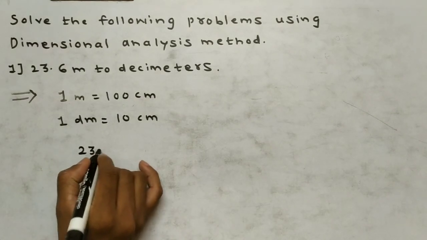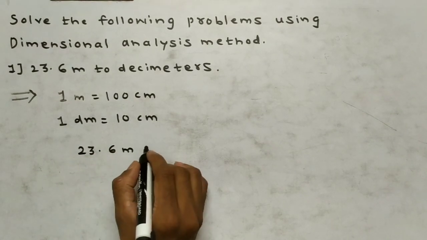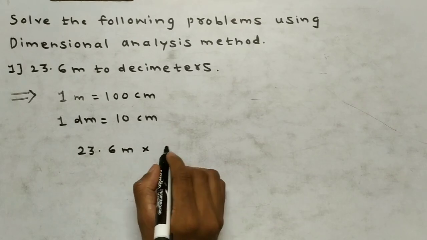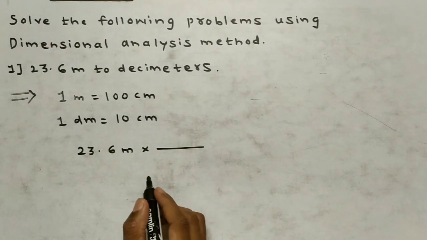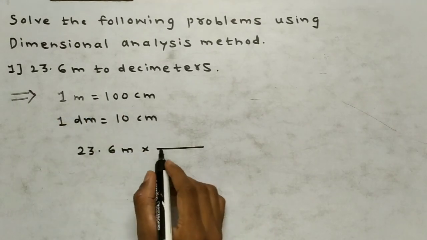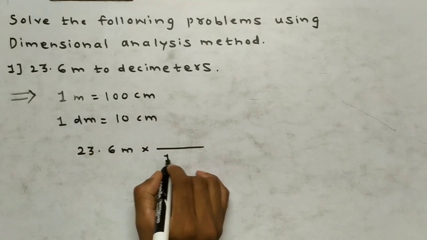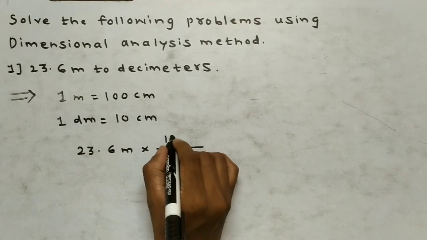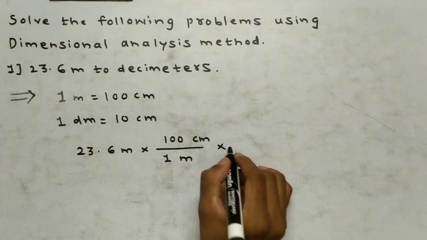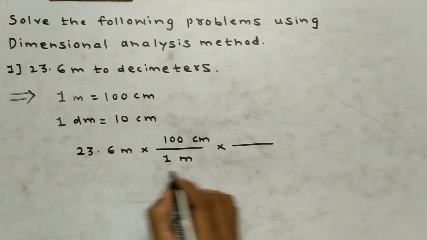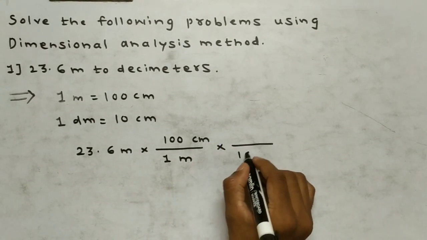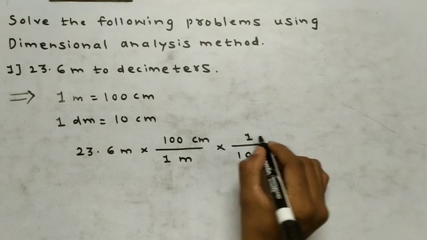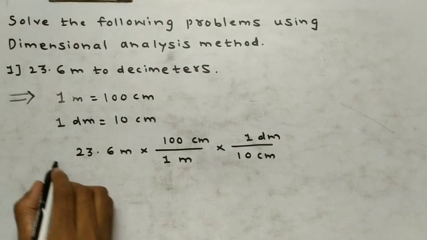So 23.6 meters multiplied by, now we'll just write this conversion factor in the fraction form, like 1 meter, 100 centimeters, multiplied by, so here it is centimeters, so it is 10 centimeters will be here and 1 decimeter will be here.